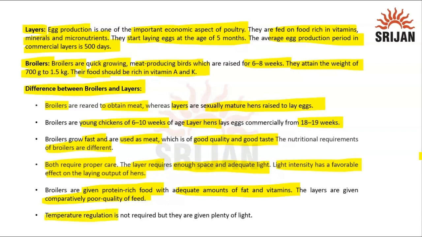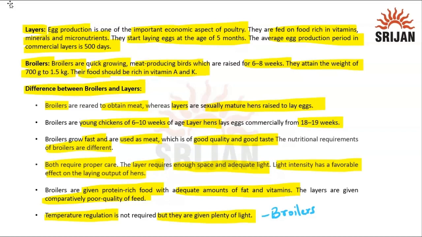Temperature regulation is not required, but they are given plenty of light, particularly the broilers, because broilers are not involved in egg production. So you need not take special care of the light, but they should be given enough light so that they can adapt to the environment well and have a certain rhythm in a proper manner.